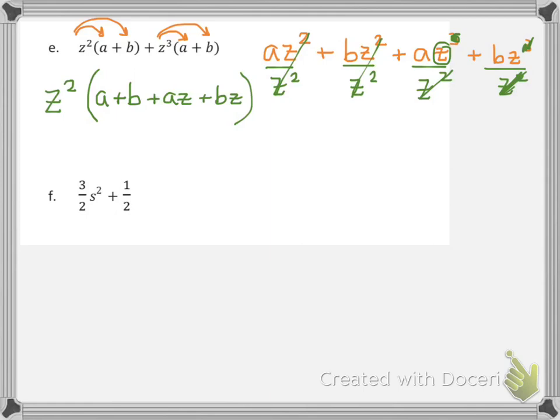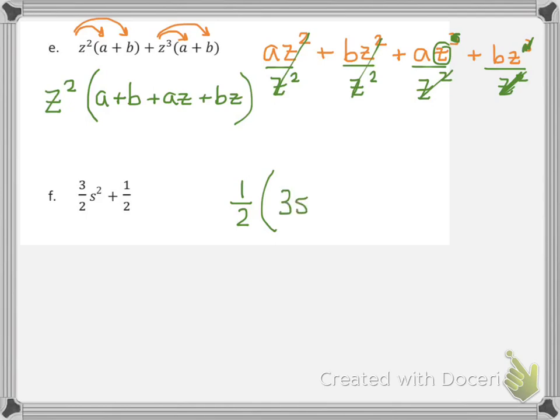All right, F. What's common between these two terms? Well, it looks like they both have a 1/2 in them. So I'm going to factor out a 1/2 and see what's left. So 3/2 divided by 1/2. In other words, how many 1/2 are in 3/2? That answer is 3.